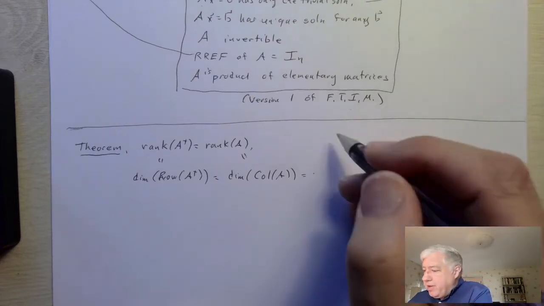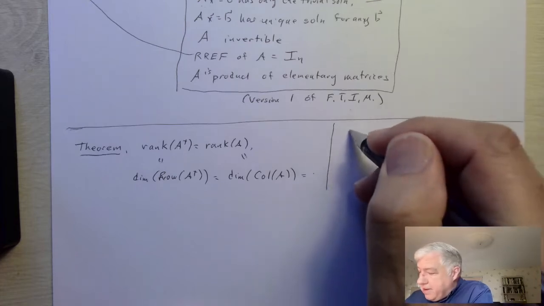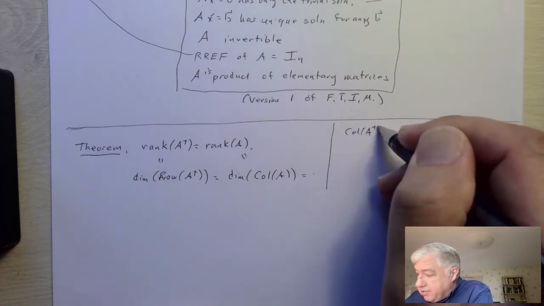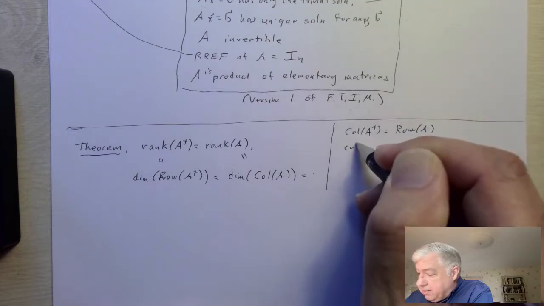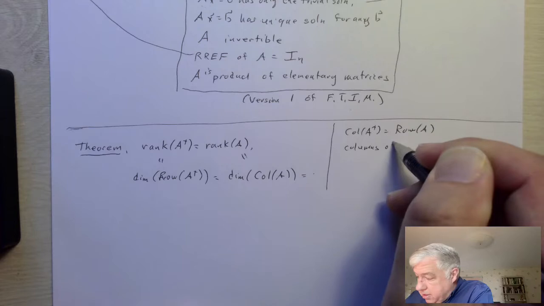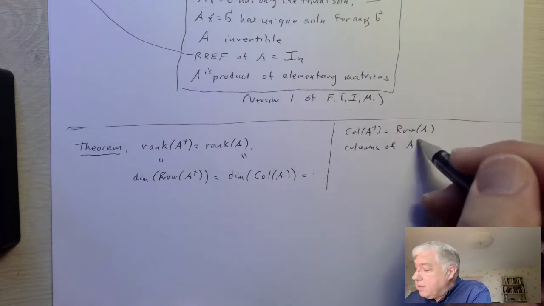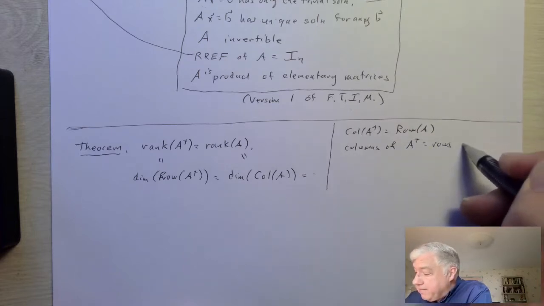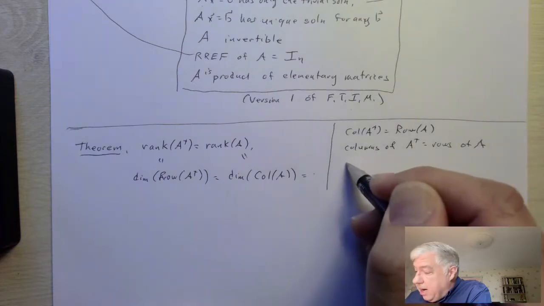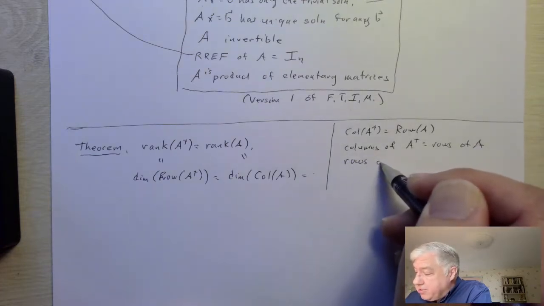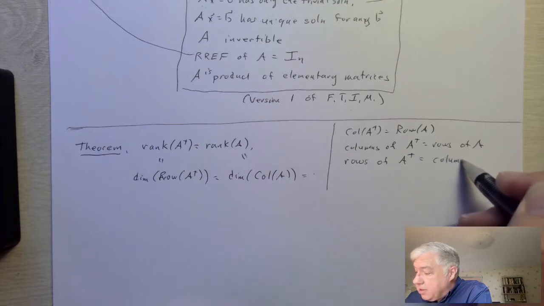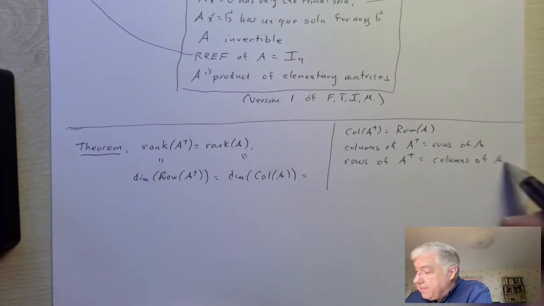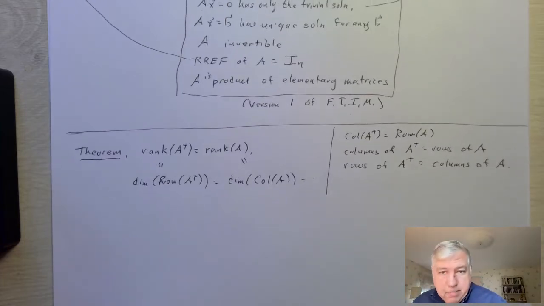I think what we also want to observe is that the column space of A transpose is equal to the row space of A. Obviously, the columns of A transpose are the rows of A, and the rows of A transpose are the columns of A. Okay, so keep that in mind as we prove this.